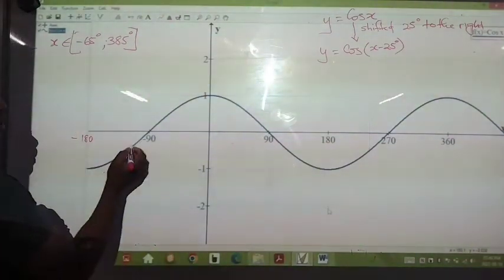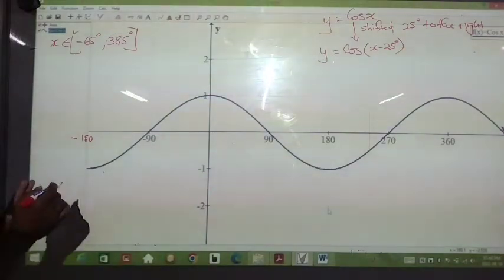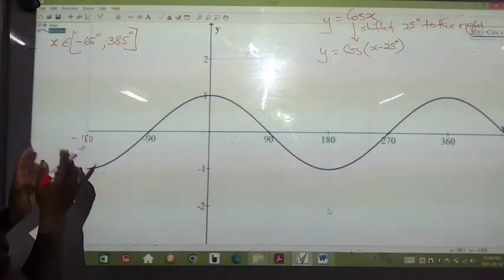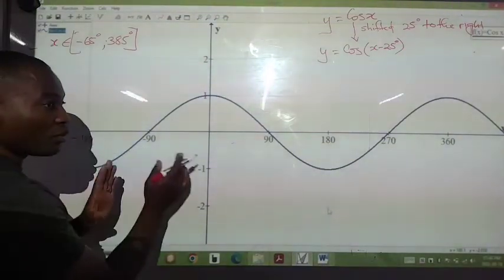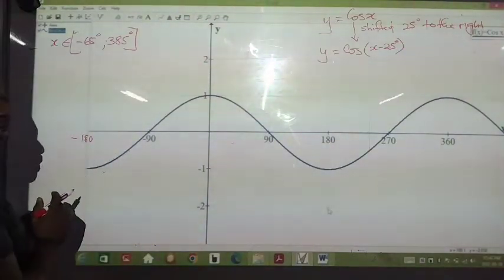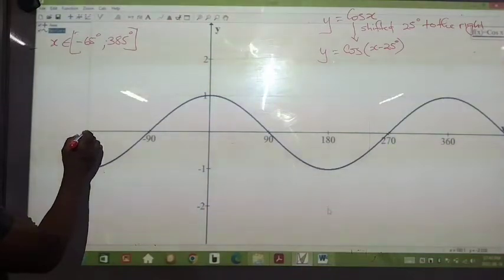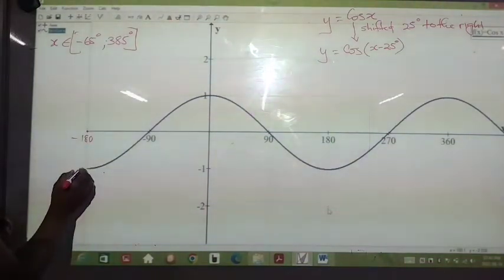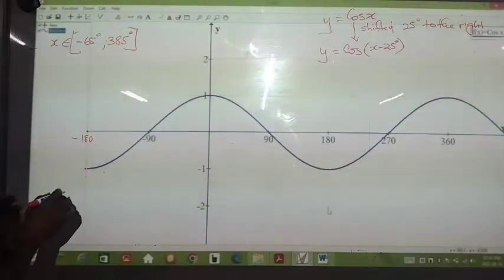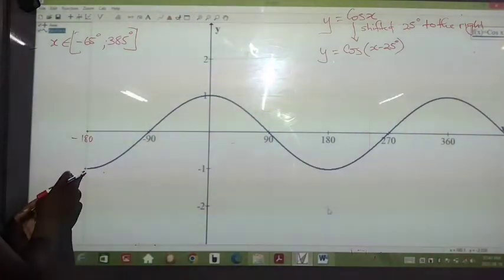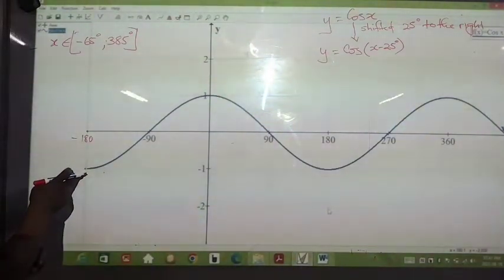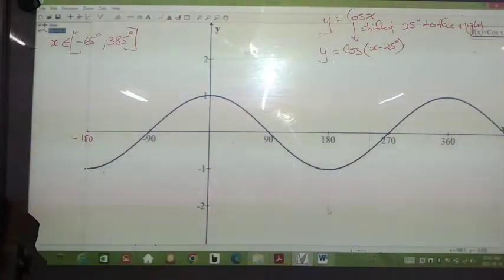So we are saying every critical point is going to be moved 25 degrees to the right. So if we start from here, we know that at negative 180, the basic graph is attaining negative 1.